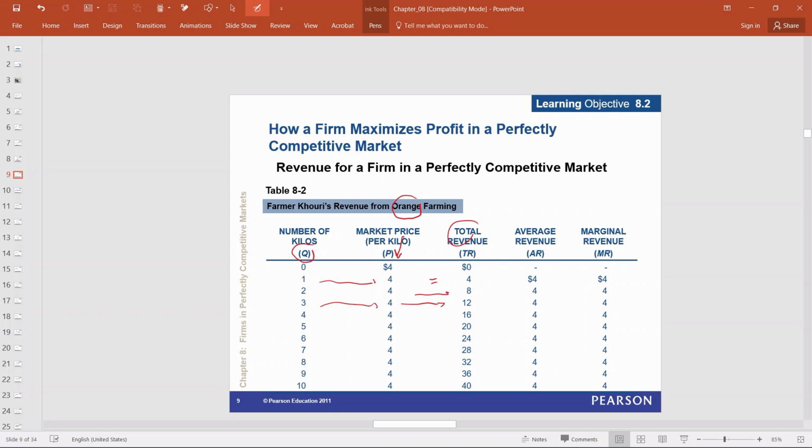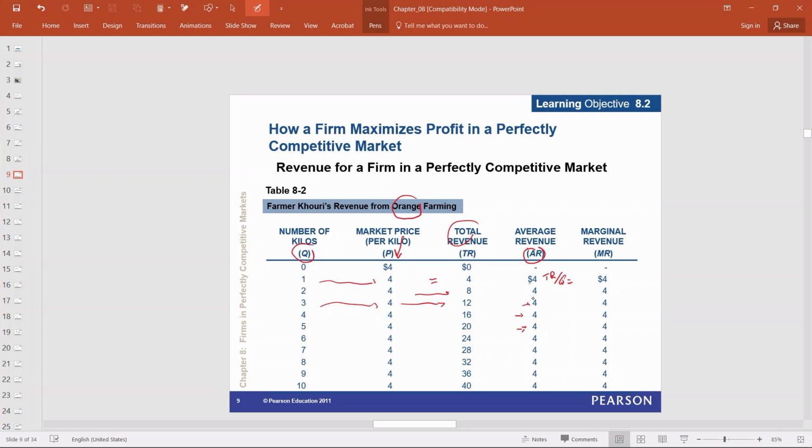And average revenue is you divide total revenue over quantity sold. So 4 over 1 is 4, and 8 over 2 is 4, and 12 over 3 is 4, 16 over 4 is 4, 20 over 5 is 4.